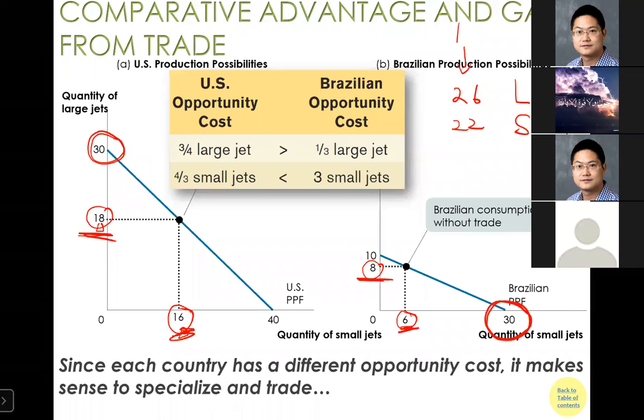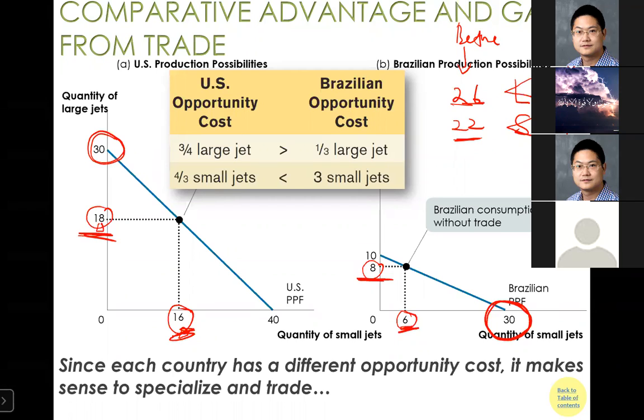By the way, this is before, and this is after. So now clearly you can see that trade allows the world to collectively produce more than before trade, because 30 is larger than 26, and 30 is larger than 22.